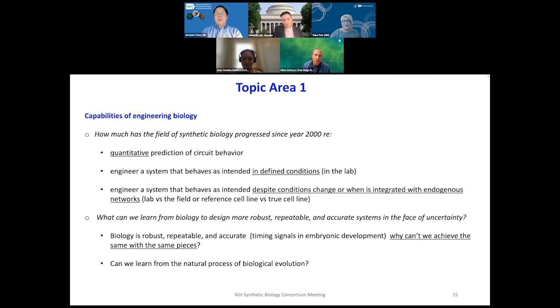I'm struggling a little bit because your very first question here was about the field of synthetic biology since 2000, and biology has progressed enormously in the last 20 years. Even the phrase synthetic biology, I'm not sure if you're trying to limit its definition to gene circuits, let me know now.